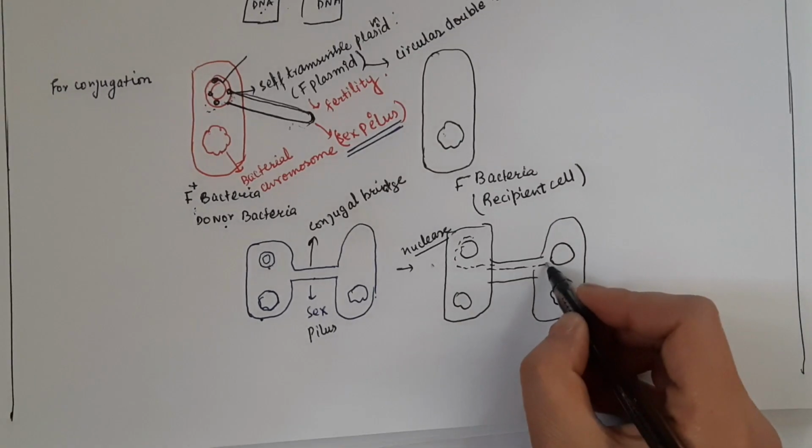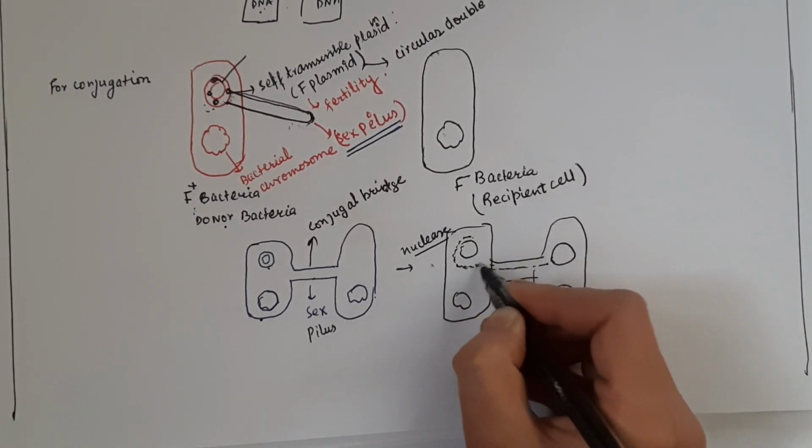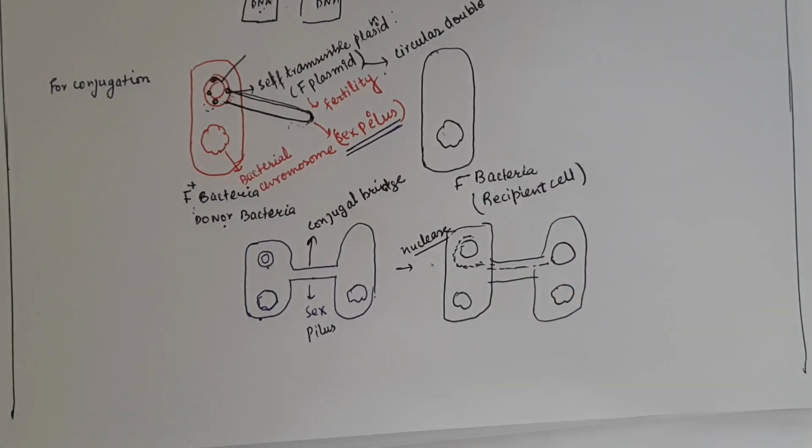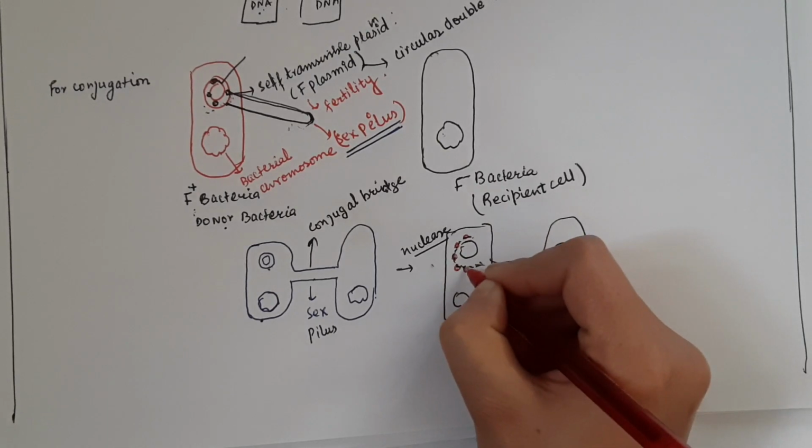As one strand is passed, the other strand, as shown by the dotted line, is formed by other nucleotides over there.